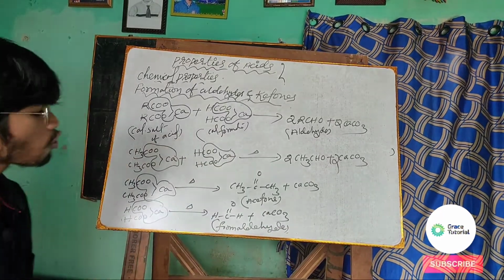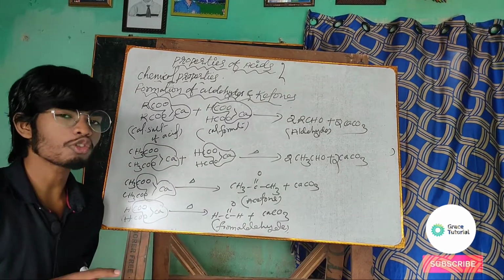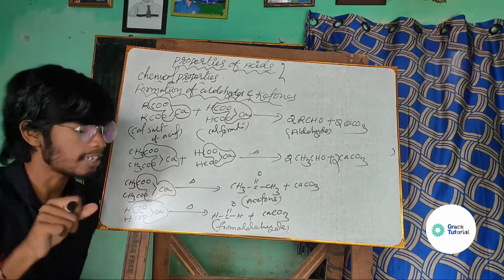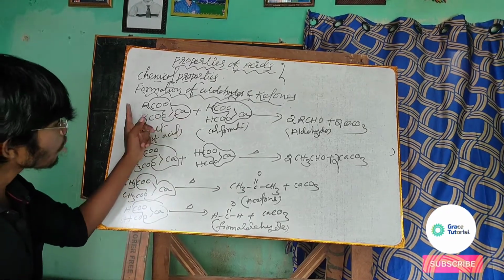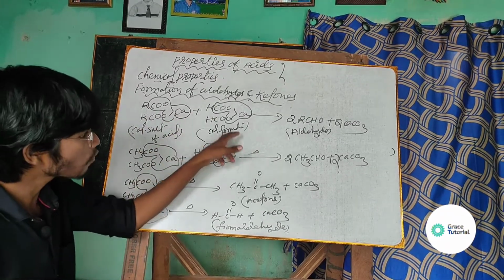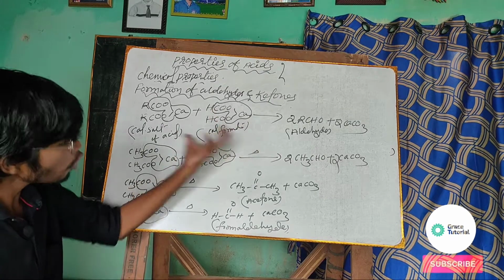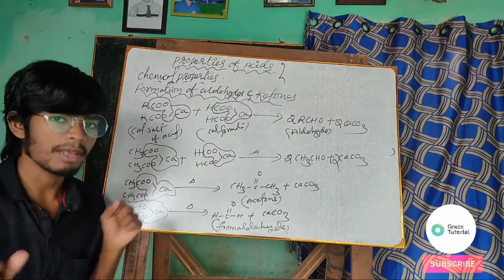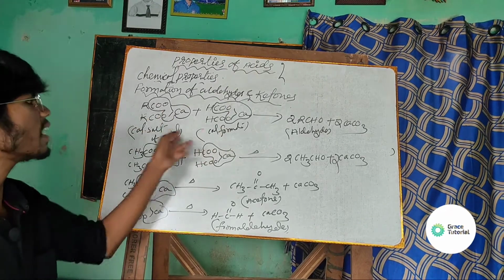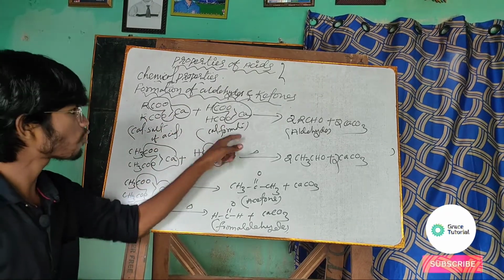So this reaction is one of the most important reactions to remember, how the aldehydes and ketones are formed from the acid. When the calcium salt of acid, RCOOCa, reacts with calcium formate, then from both the compounds calcium carbonates are eliminated. The first step is to eliminate the CaCO3 from both the compounds.